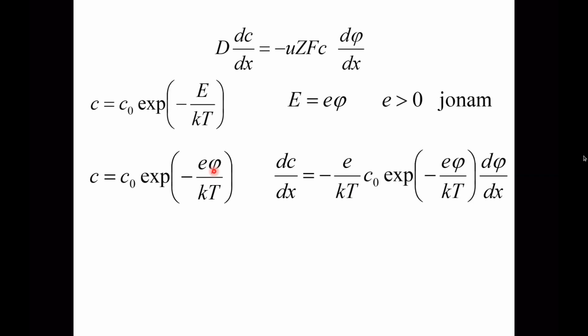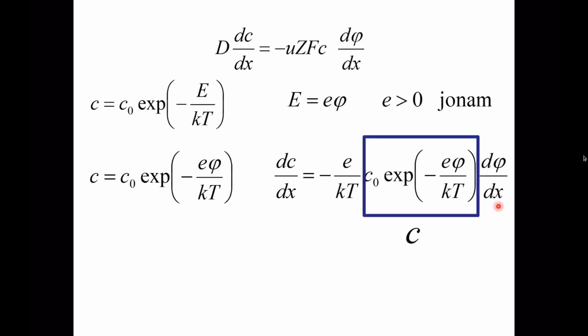Now we go for differentiation of this one, dC dx. For dC dx, we have to rewrite this exponent, this constant, it is here, plus we need to get the differentiation of this one. It is minus E over kT with d phi dx.